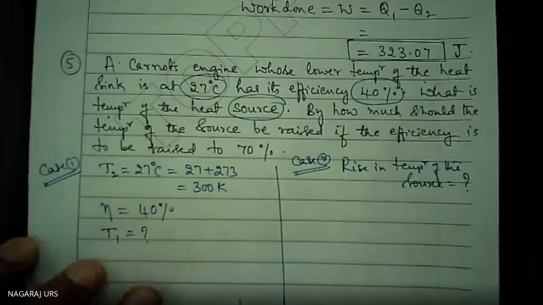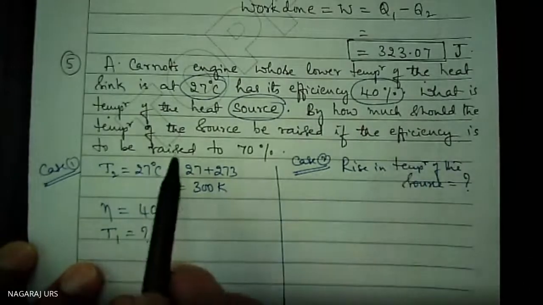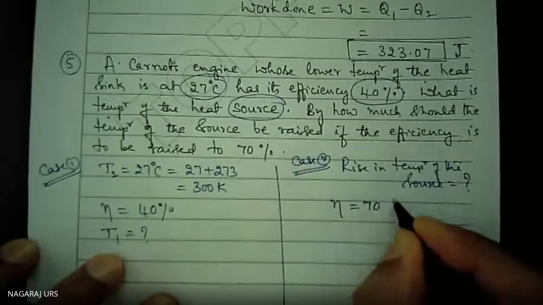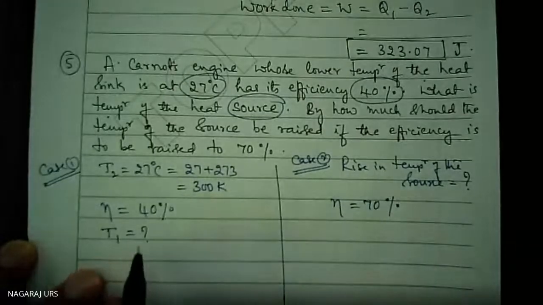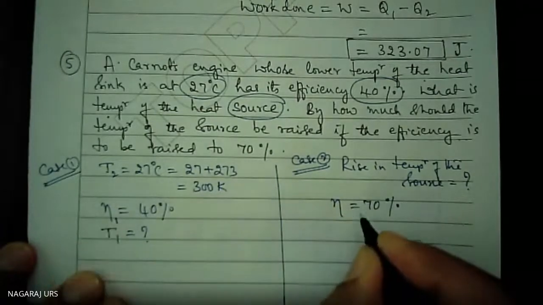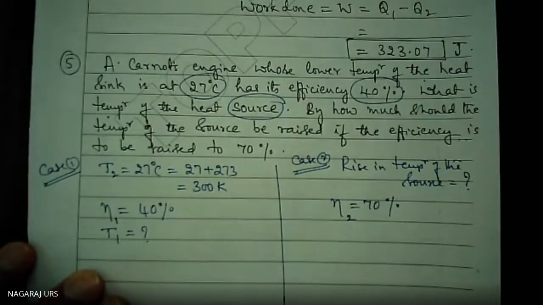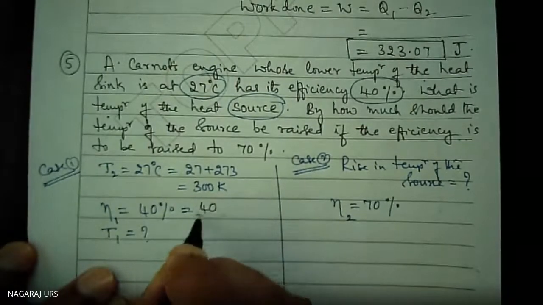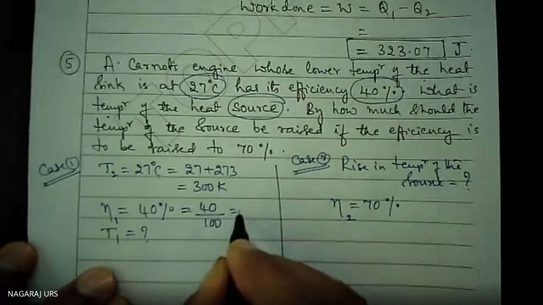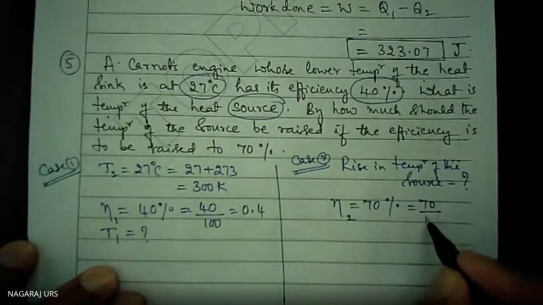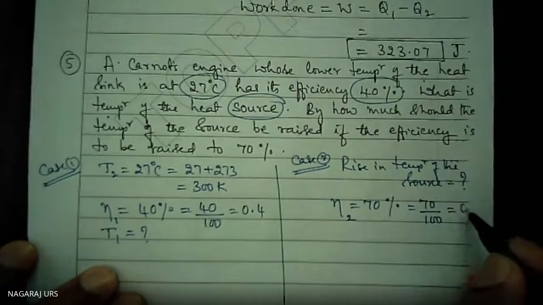If the efficiency is to be raised, now the efficiency is 70%. Here also you should not get confused, so I will write this as eta 1 and this as eta 2. This is 40%, which is 40 divided by 100, equal to 0.4. This is 70 divided by 100, equal to 0.7.